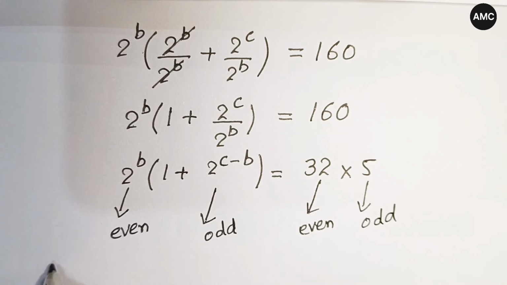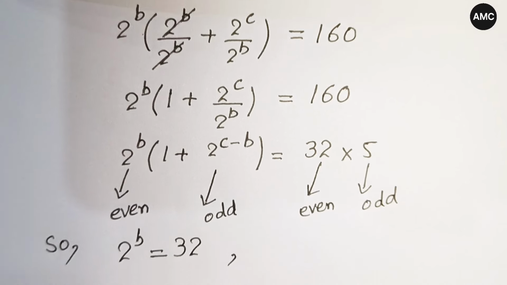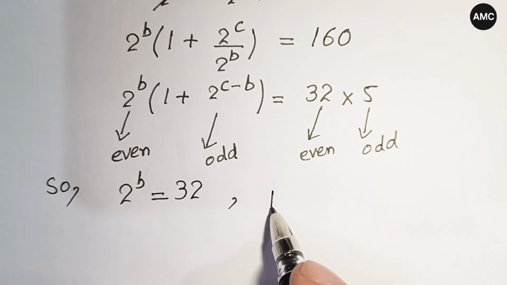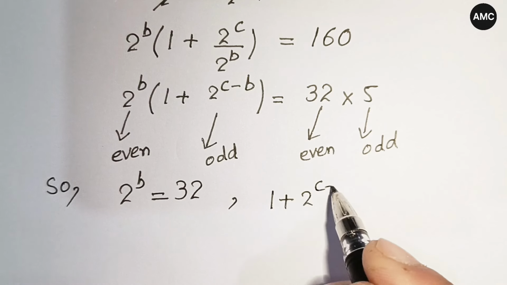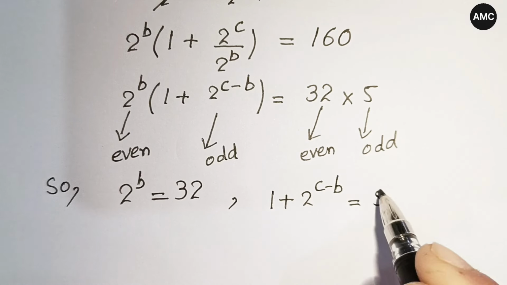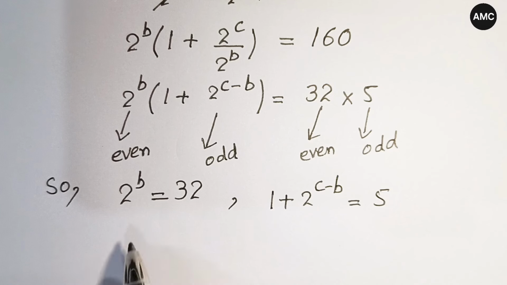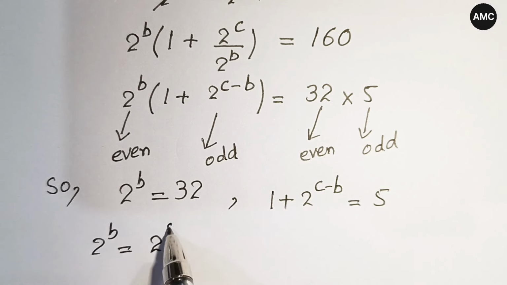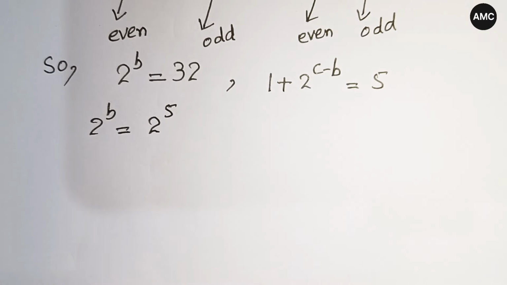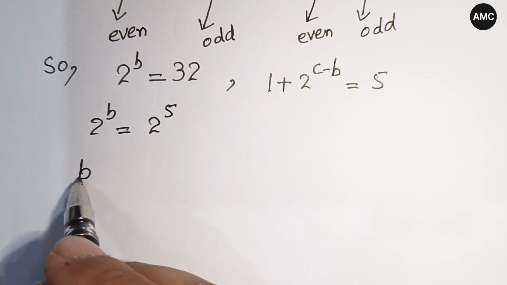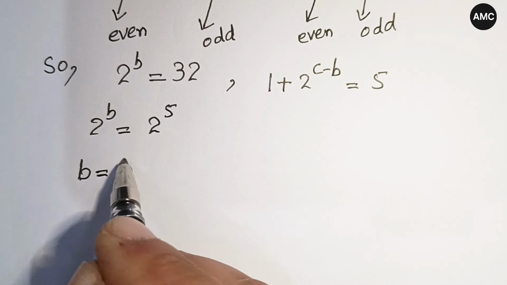So here we have 2 to the power b is equal to 32 and 1 plus 2 to the power c minus b is equal to 5, which is an odd number. Now 2 to the power b is equal to 32 can also be written as 2 to the power 5. So here bases are same, then powers will be equal, then we will get the value of b is equal to 5.